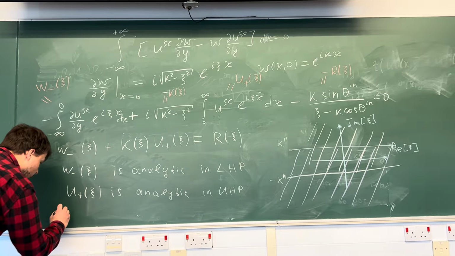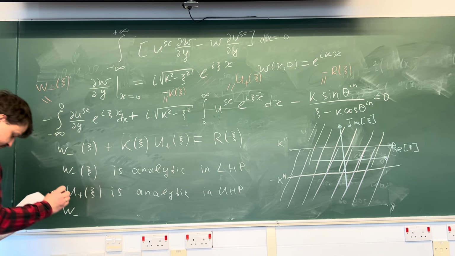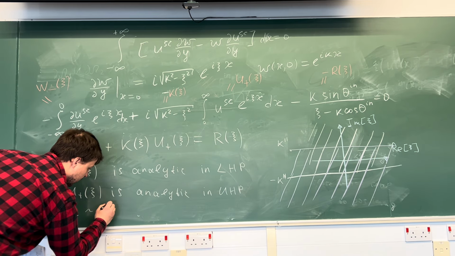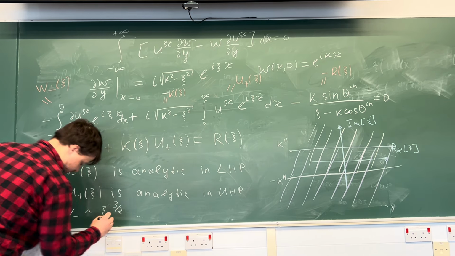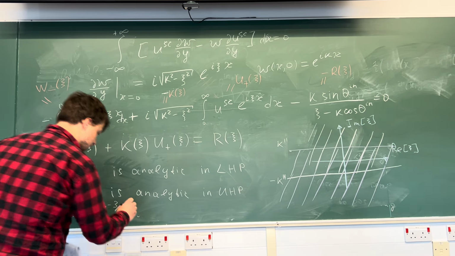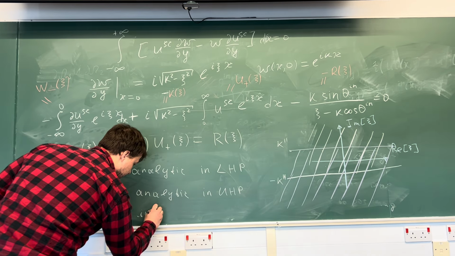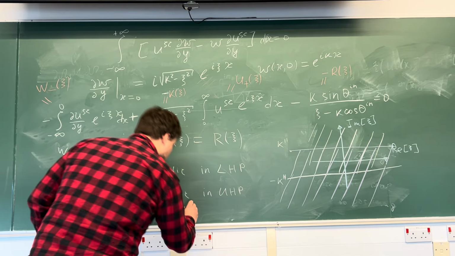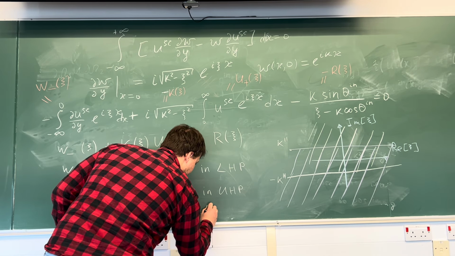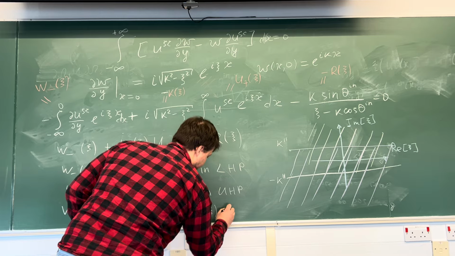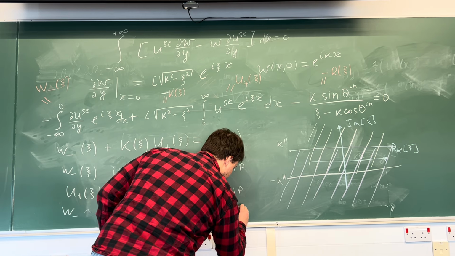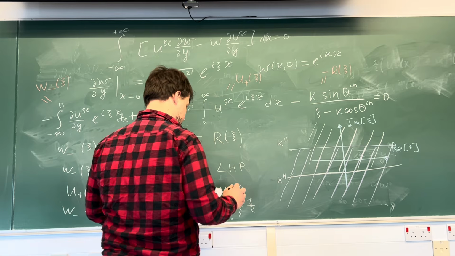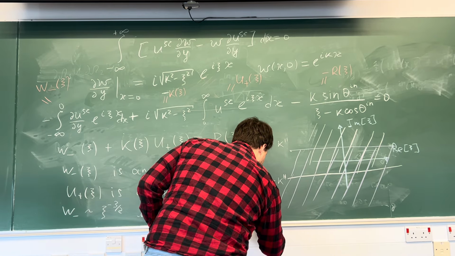So V minus behaves like this in the lower half plane, and U plus behaves like this in the upper half plane.